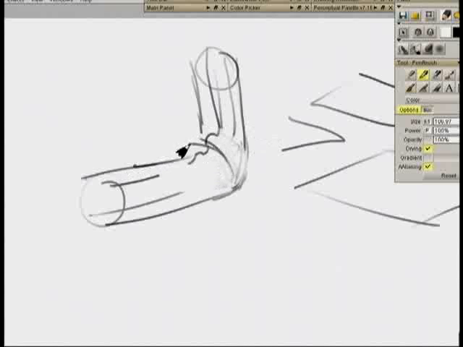The drawing goes, but the decisions are still in your head. That's the hardest part for every artist, really making these decisions. So whenever you notice that there is something wrong, erase it.